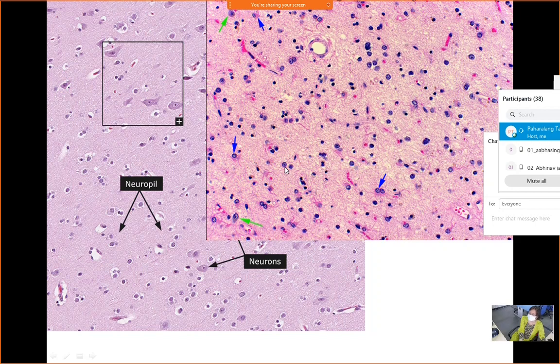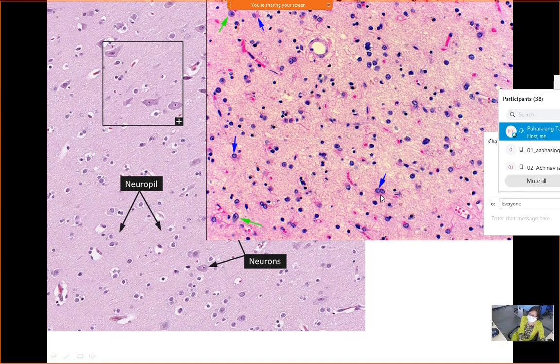That means that there is increased cellularity, first thing, and there is hyperchromasia. And you can see that some are large, some are very tiny, so there is a little bit of pleomorphism. And most importantly, I was telling you that the cytoplasmic processes are usually not seen on H&E in a normal astrocyte. But here you can see the cytoplasmic processes, these arrowed ones.